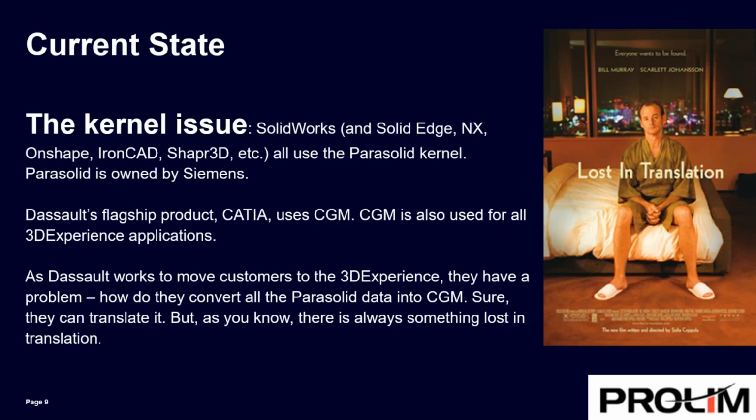So let's talk about the current state of CAD. The big conversation out there today is the kernel craze, right? The kernel issue. This seems to be one of the biggest topics of discussion in the CAD world today, at least in the groups that I'm involved with. As many of you may know, SolidWorks, Solid Edge, NX, Onshape, IronCAD, Shapr3D, etc., just to name a few, all use the Parasolid kernel.